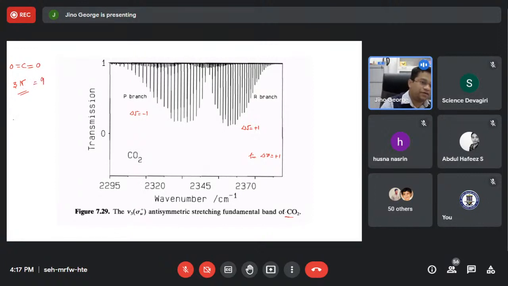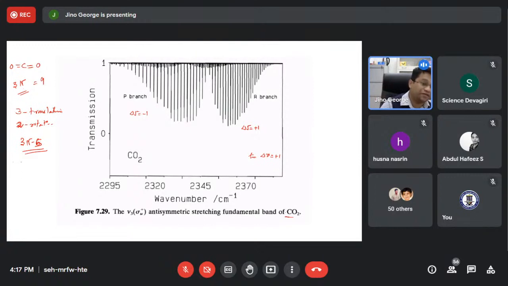Out of that, 3 will be translational, and 3 will be rotational. So I will have 3n minus 6. For carbon dioxide it is 5, because rotation on one axis is arrested, so we have 2 rotations. So it will be 3n minus 5. This I think you have studied, or maybe you will see it later.